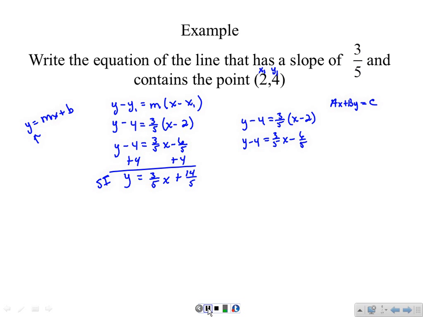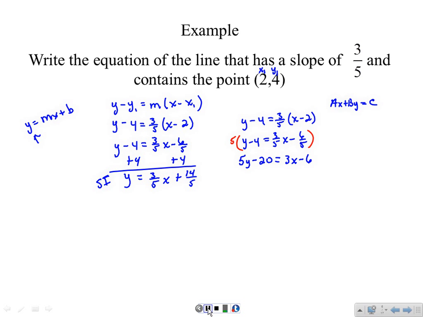So that step's still the same, just getting rid of those parentheses. And now what I'd like to do is get rid of those fractions. So I'm going to multiply through by that denominator. So we'll have 5y minus 20 is equal to 3x minus 6.